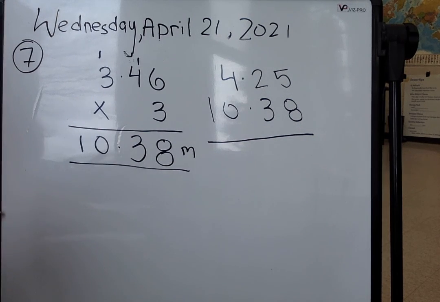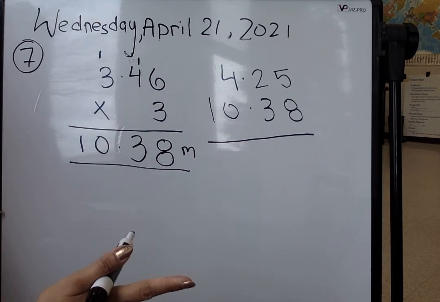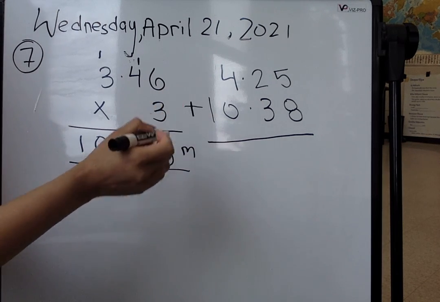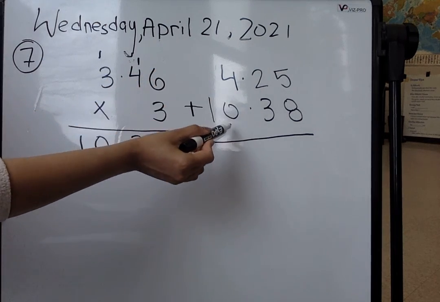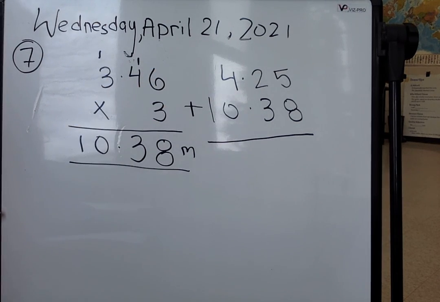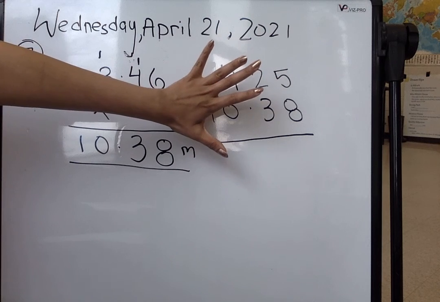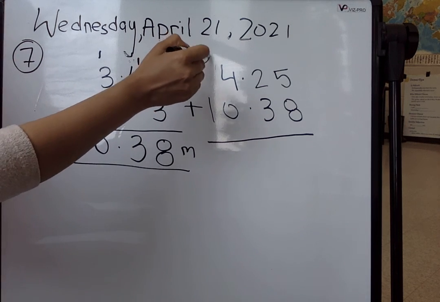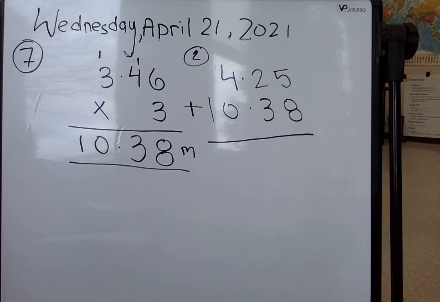What's our second step, if they want to know altogether how much she used? So our second step would be adding the living room and the bedroom material. So go ahead and add these numbers, and then you will find out how much she used altogether. Okay, so that's part 2 of question 7.